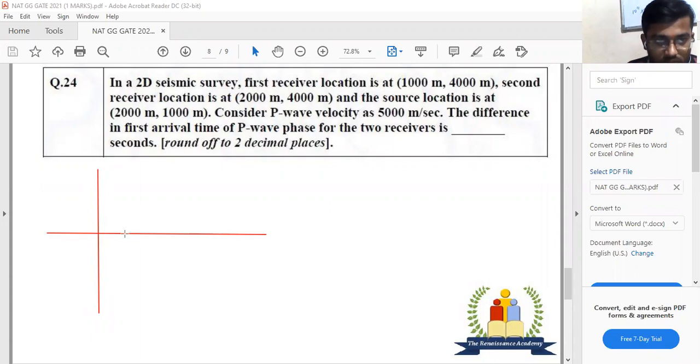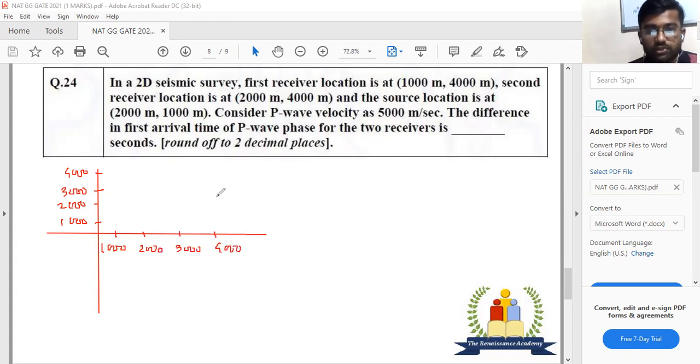Then here 1000, 2000, 3000, 4000. Here also 1000, 2000, 3000 and 4000.